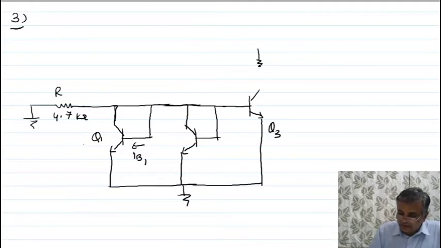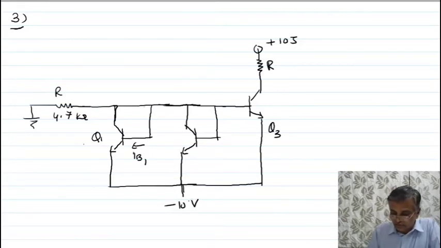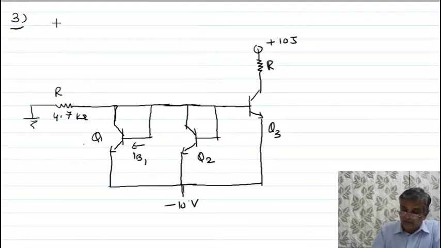Here they have connected resistor R, and this they have written plus 10 volt, and here they have mentioned minus 10 volt with respect to some ground. This is Q2, Q3. Beta of this transistor they have written, beta of this transistor is 100. VB is 0.75 volt.